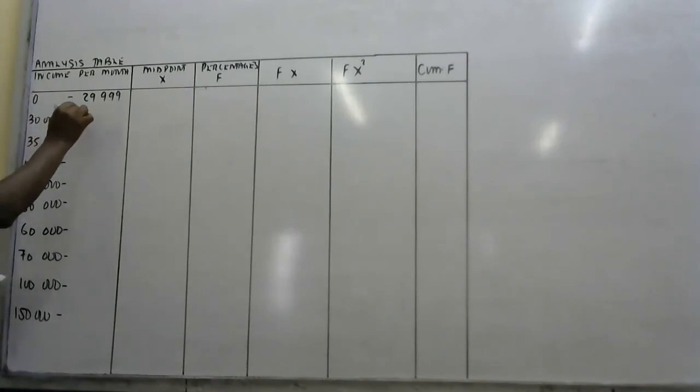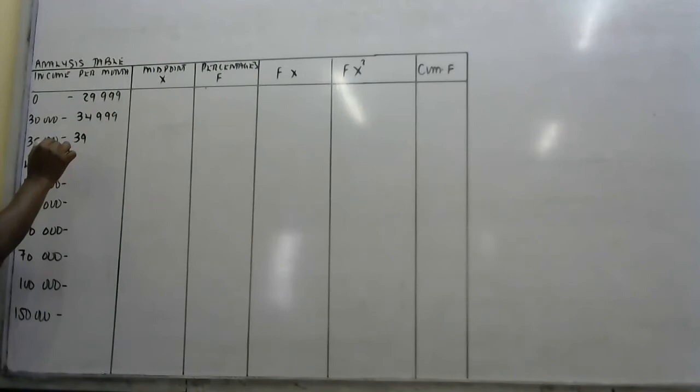Then we have 34,999. It should be 39, there's a typo there.